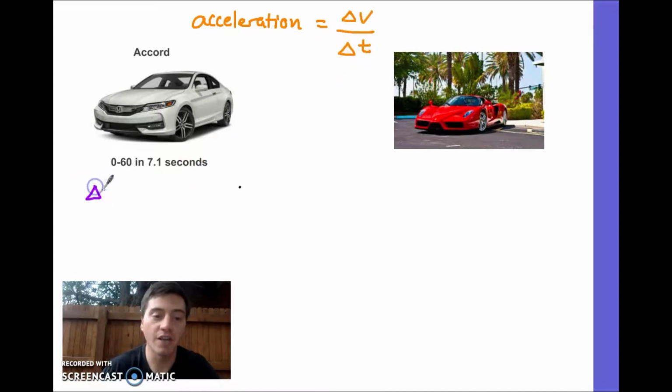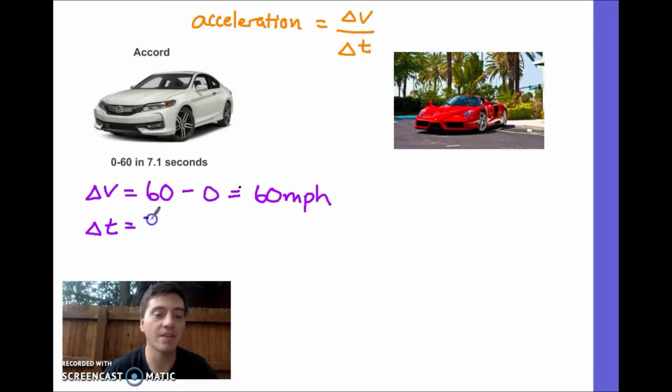So here our change in velocity is, of course, the difference in those two numbers. So 60 miles an hour minus 0, this is obviously an easy one since we started at 0. The change in velocity is going to be 60 miles per hour. My change in time, it took me 7.1 seconds to do so.